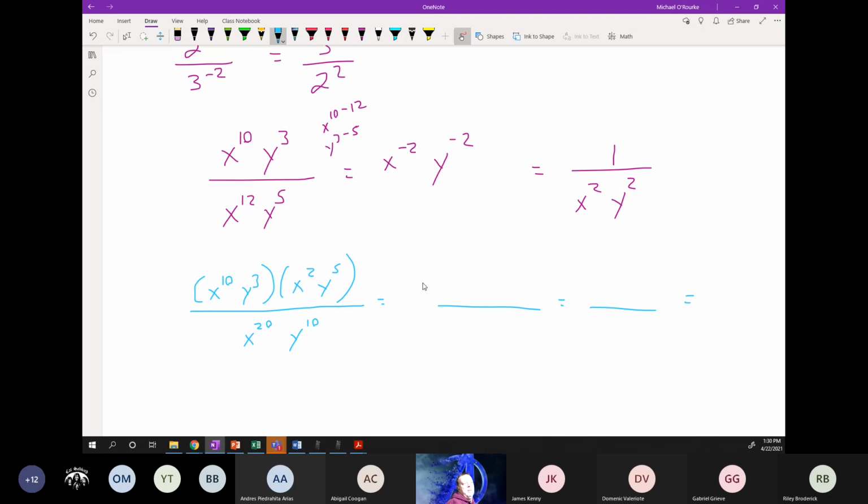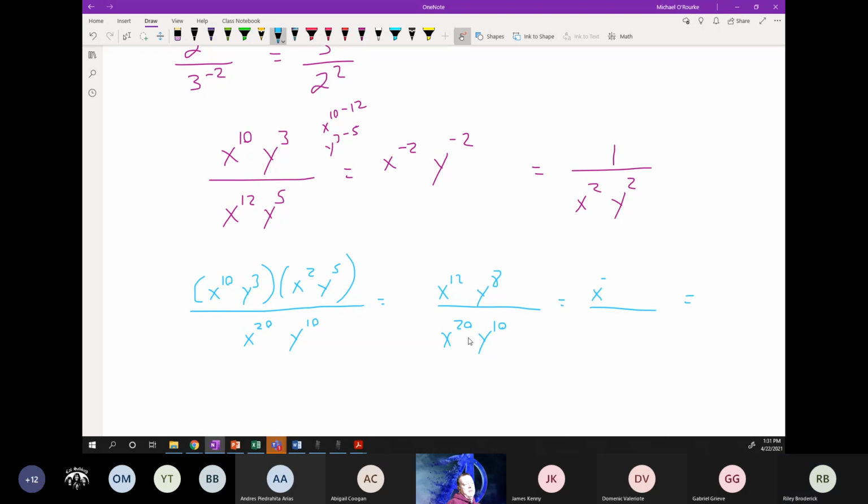All right, who wants to walk me through this one? Do I have any volunteers? I'll try, but I don't really know what's right. So you add the x's, so that'd be x12 and y8, and then x20, and then you divide x12 by x20, which I believe would be 0.6, right?